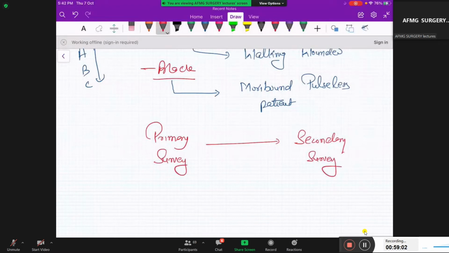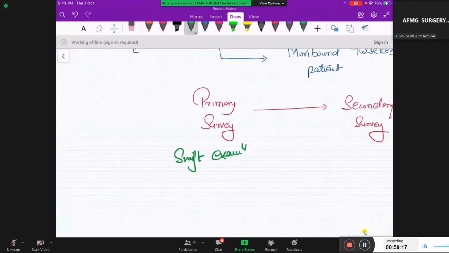Then only we will proceed to secondary. So what is primary survey? Primary survey is a swift examination. Very commonly this question comes in exam also.